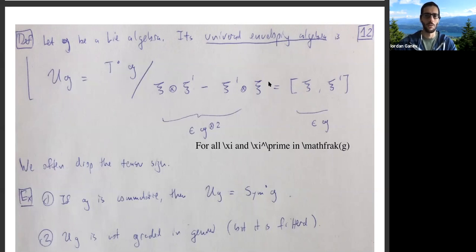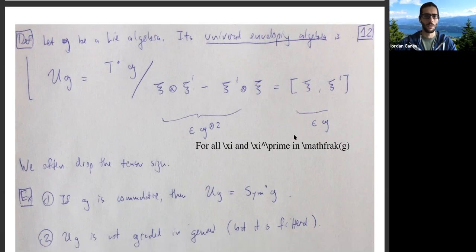So this is something in degree 2 related to something in degree 1. So the universal enveloping algebra won't be graded in general. It'll be graded only if the Lie algebra is commutative. Does that answer your question?